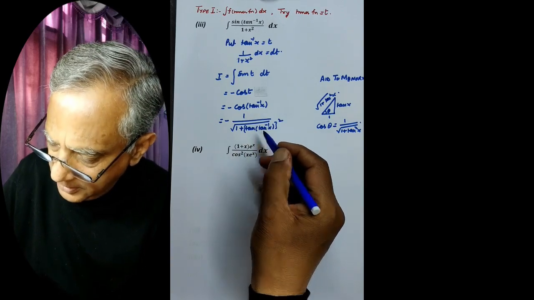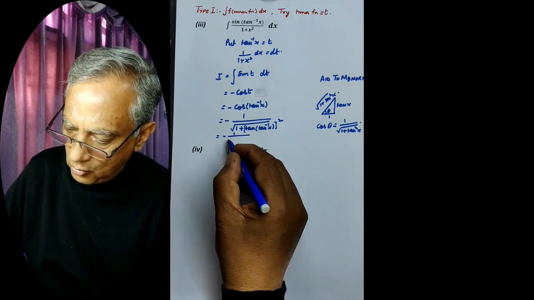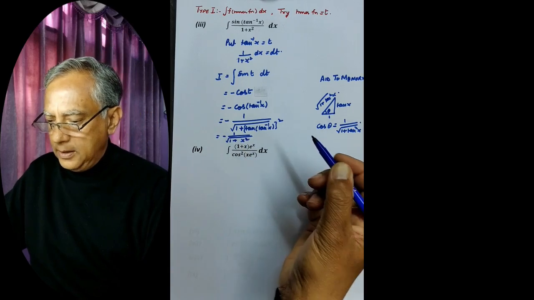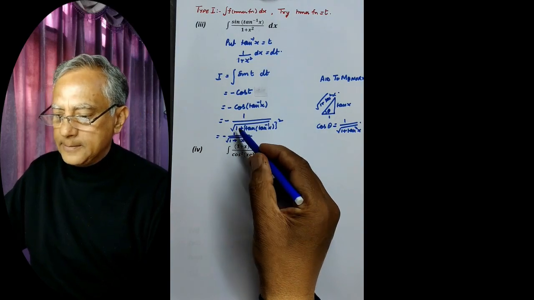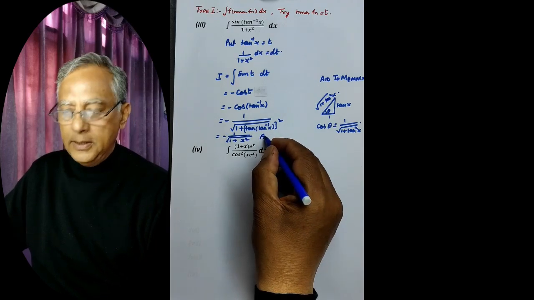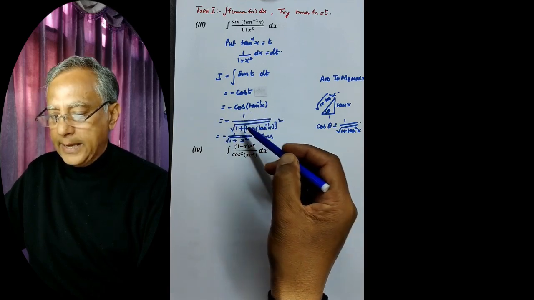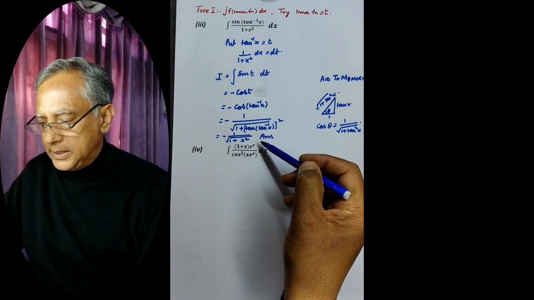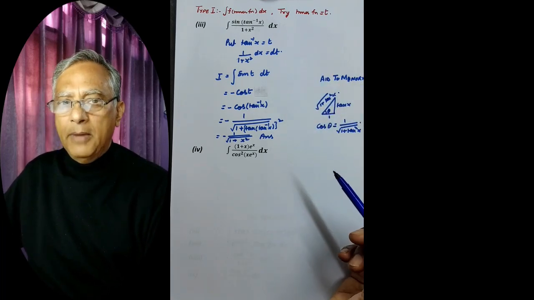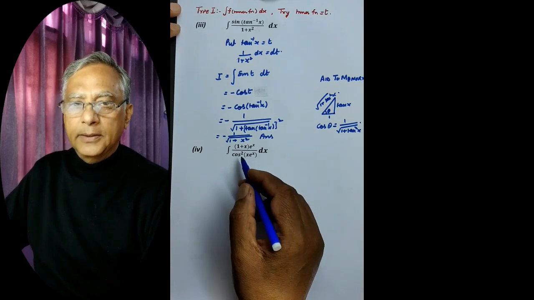So we will have minus 1 upon under the root 1 plus x square, and this is the answer. You must change it in terms of x, and this can be used as a simple method to remember the formulae.